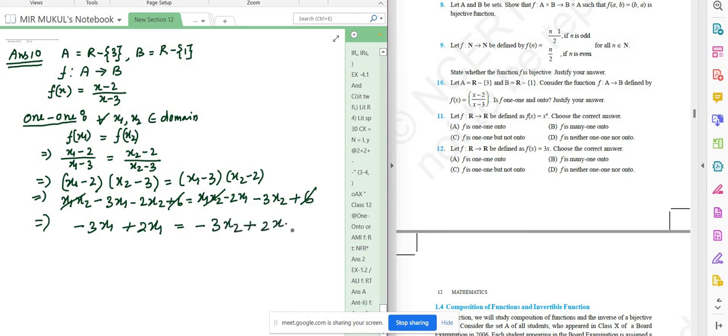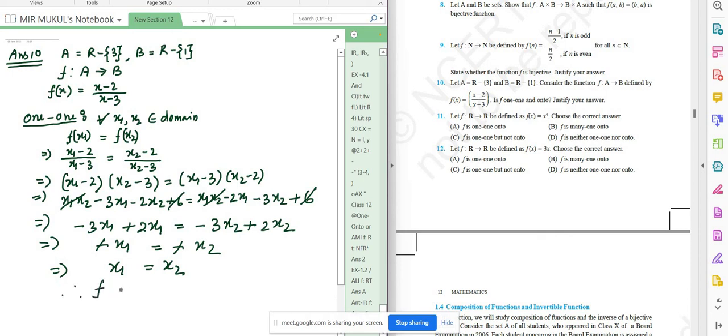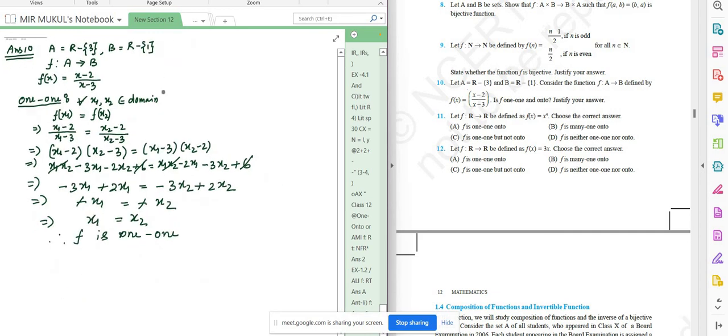So here minus x1 we are getting, and here minus x2 we are getting. Minus minus cancel. So x1 equals x2. So if f(x1) equals f(x2), then x1 equals x2. Therefore f is one-one. Now check onto.